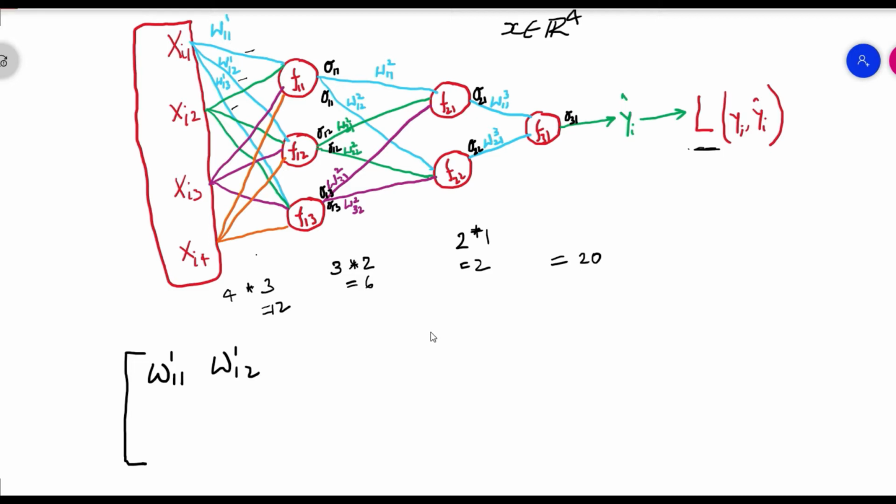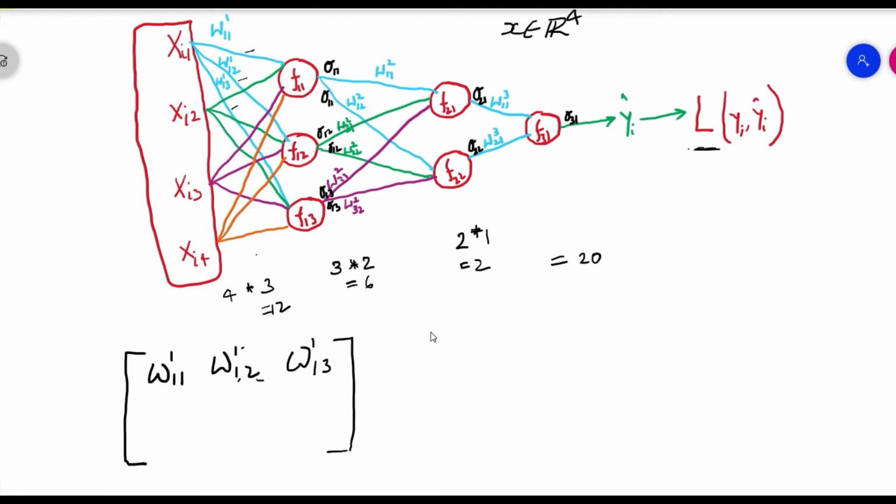W112 means that this weight represents the edge going as input to the first hidden layer from the first component of our input to the second activation function. Then we have W113, the weight of the edge going as input to the first hidden layer from the first component of our input to the third activation function.